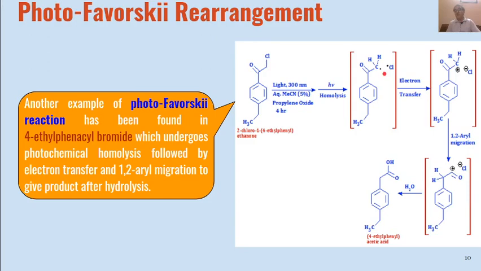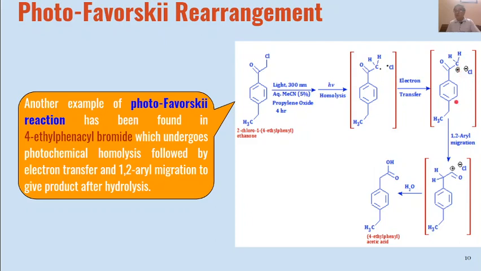And then there is electron transfer from this radical. This electron is transferred to this chlorine free radical, and this will become chloride negative, and this carbon will become a carbocation, so a carbocation is formed like this, and this will form an anion.